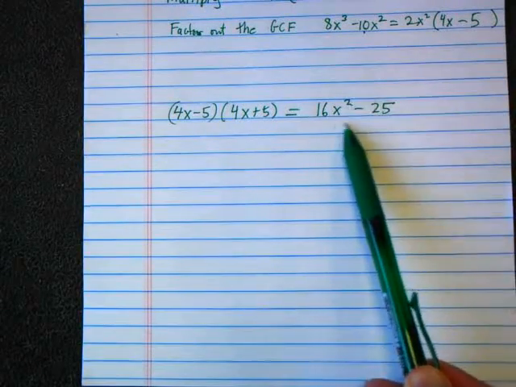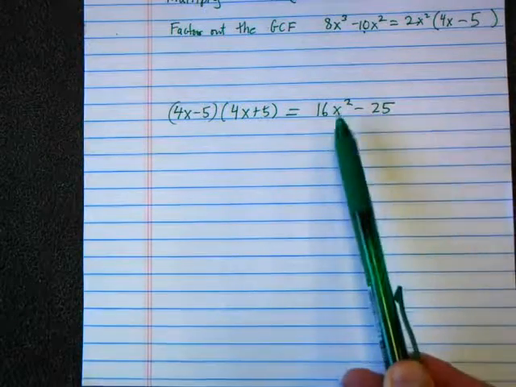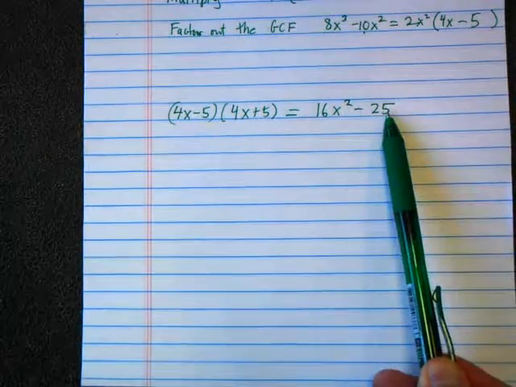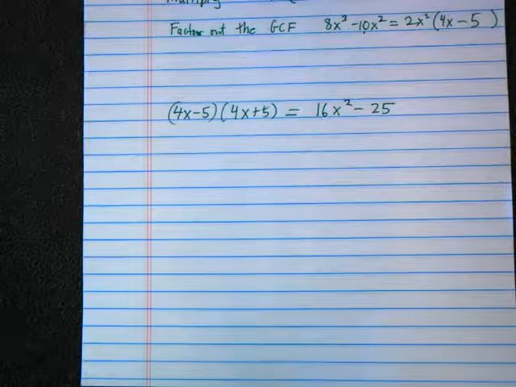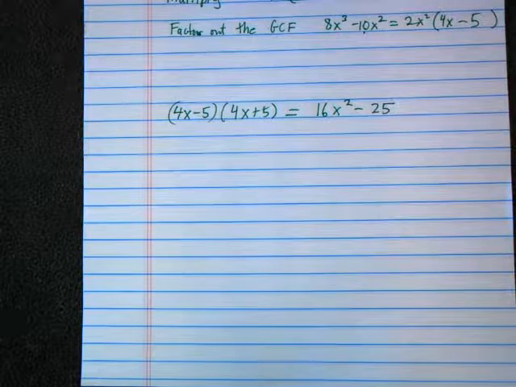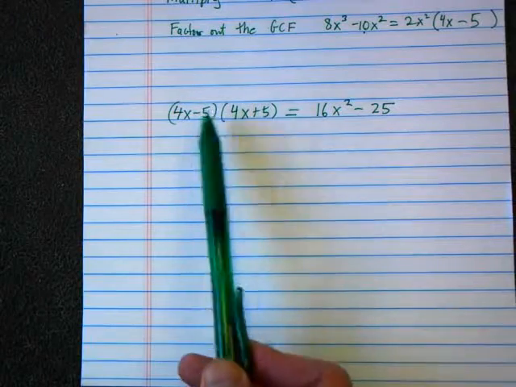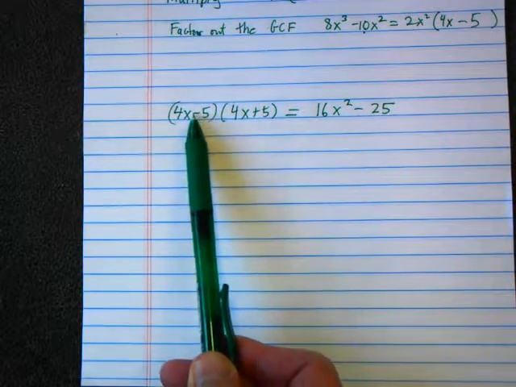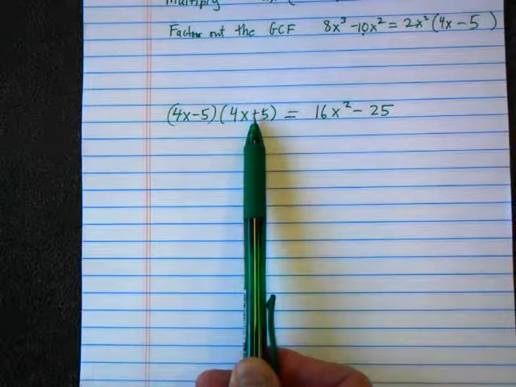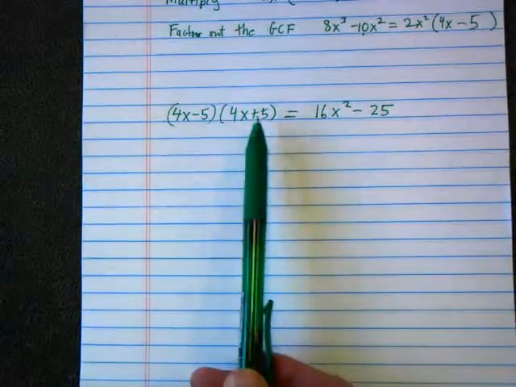We're going to start with something like this and recognize that we have square minus square. So we'll factor it into two binomials like that. Oh, and then there was a name for these two things. Remember that? When these are exactly the same, but one has a minus and one has a plus. We did a hangman for that one.